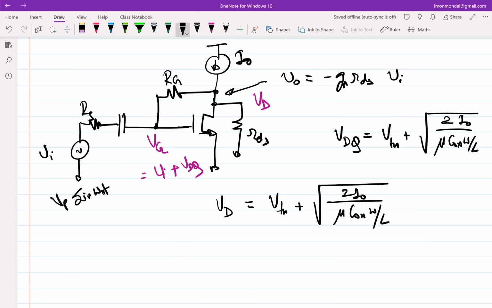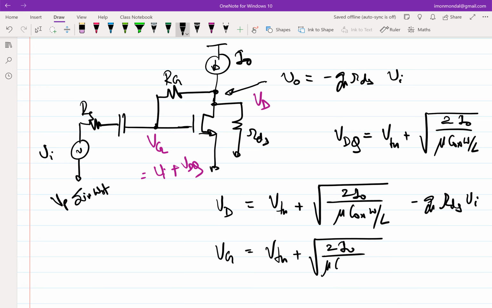And V naught in terms of VI, the incremental output, is minus GM RDS times VI. Okay, and total gate voltage is the same VDQ plus VI.